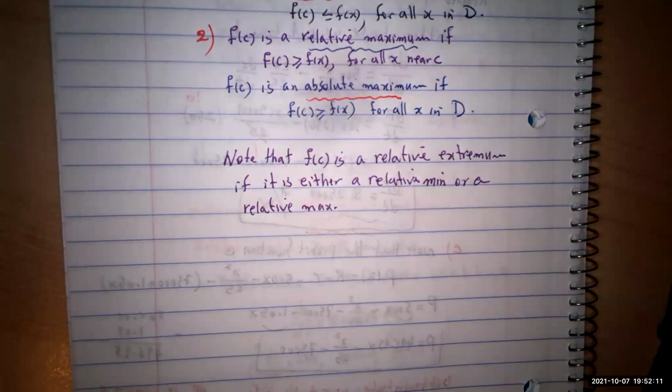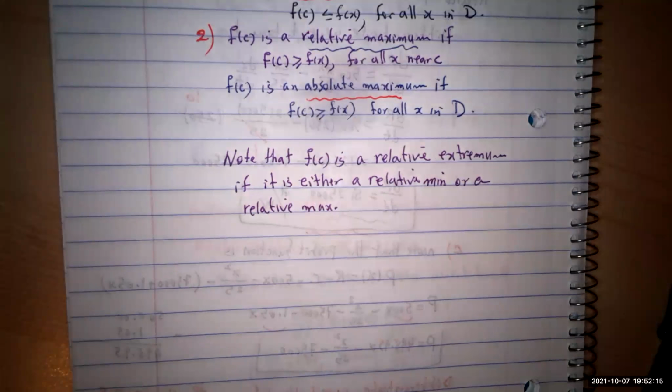If we know there is a relative one, but in advance you don't know whether it is a maximum or minimum, we refer to it as an extremum.